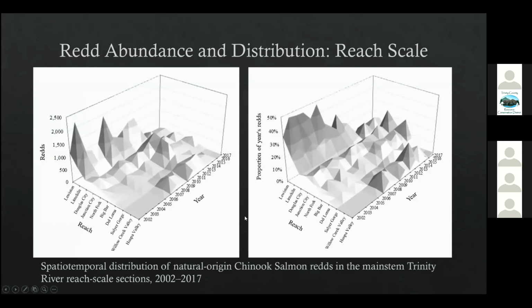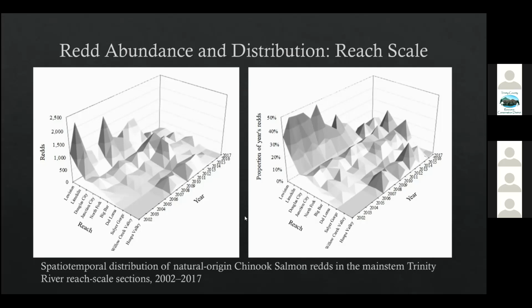I have a number of these kind of large picture graphs that show the time and space of numbers of redds. These are the numbers and proportions.